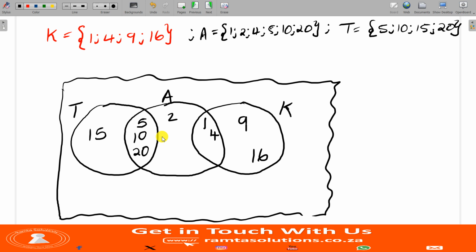But remember, we were choosing from 20. Since we were choosing from 20, it doesn't mean that we are done. It doesn't mean that our sample space is done. Let's see. We have 1, 2.